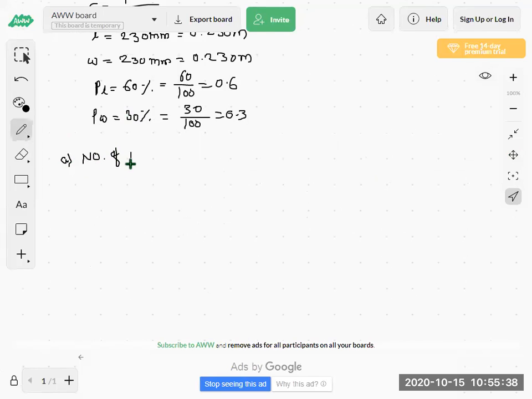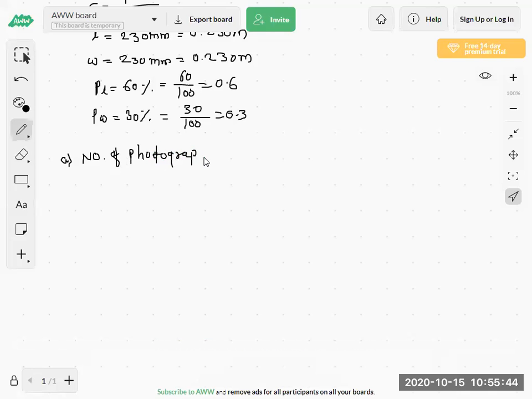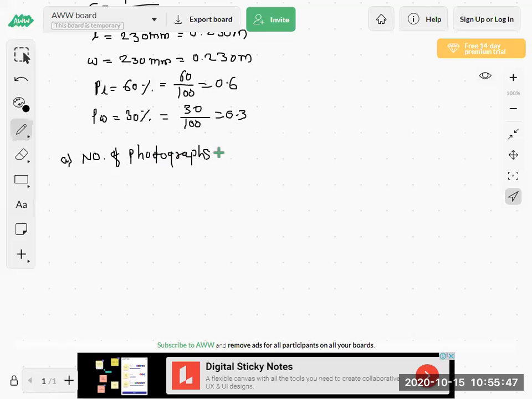The number of photographs required in a longitudinal strip, that is n1.